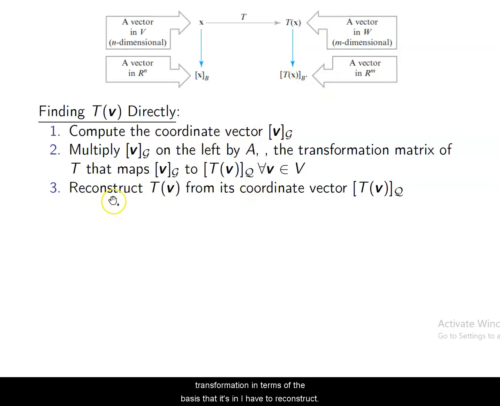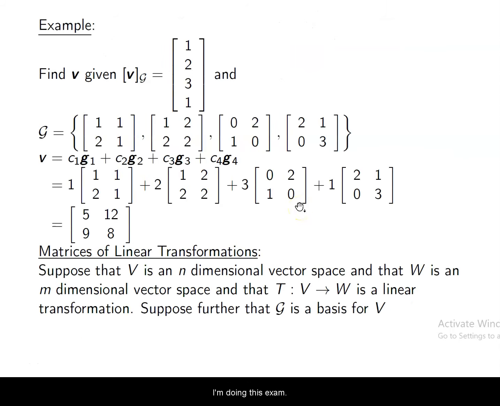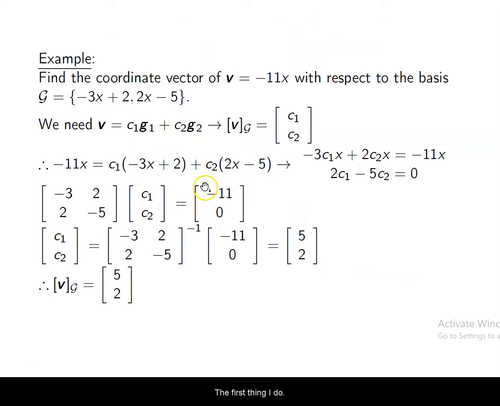Okay, so once I'm in this space, once I have my transformation in terms of the basis that it's in, I have to reconstruct T of v from its coordinate vector that's in terms of its basis. So basically, I'm doing this example. The first thing I do is I take v, I represent it in the basis it's in.